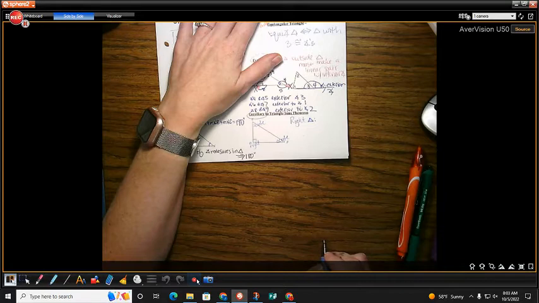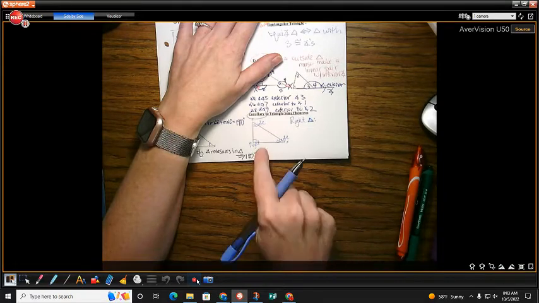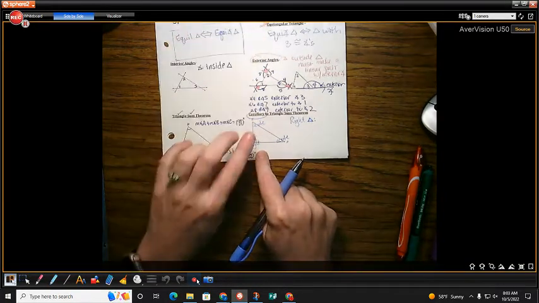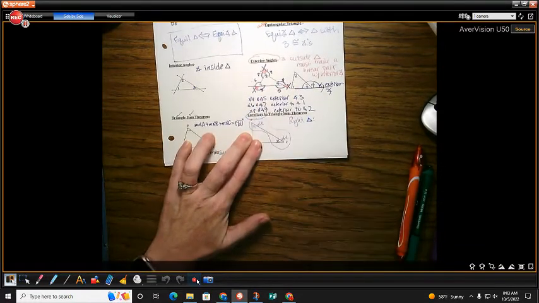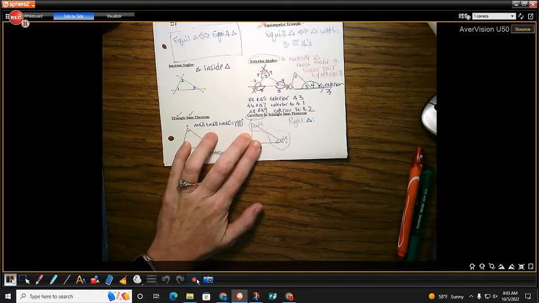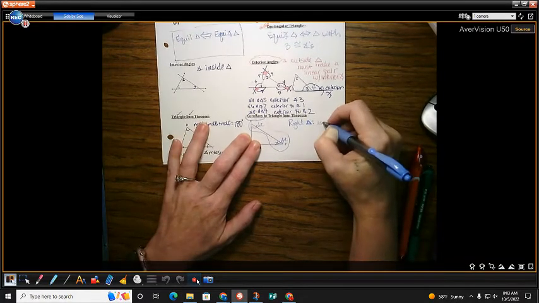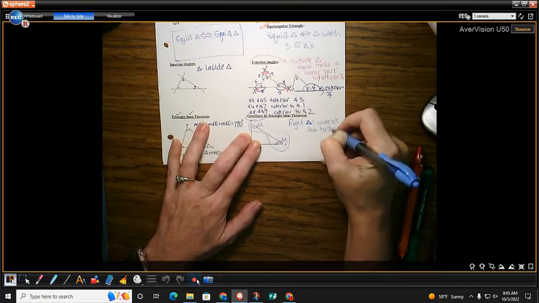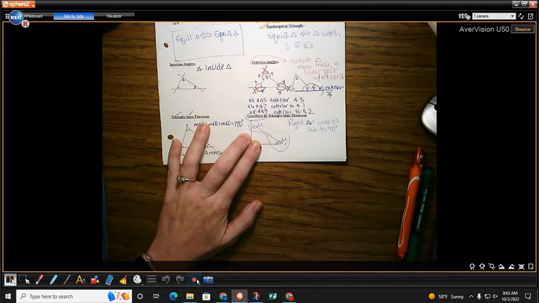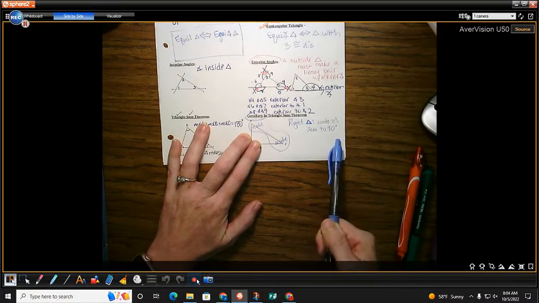If all 3 of them add up to 180, and this guy's 90, how much do these guys have to be? 90. Well, do they have to be 45 and 45? No. But what do they have to sum to? 90. So the acute angles sum to 90 degrees. Complementary. Oh, they're complementary? Oh, because angles that add up to 90 are?